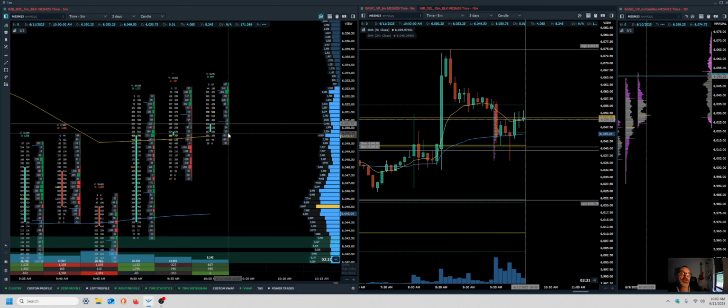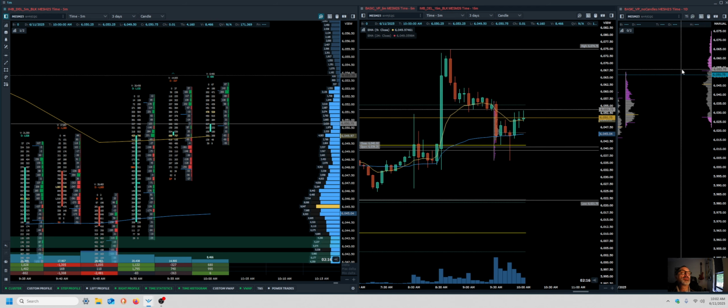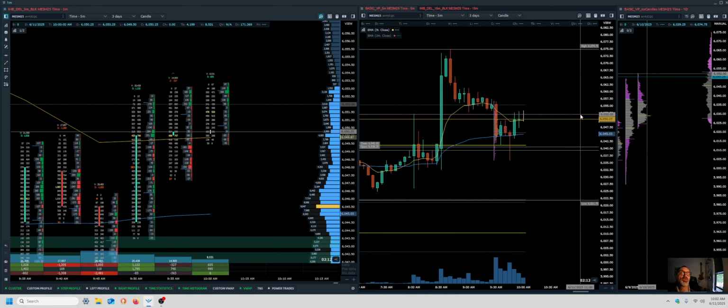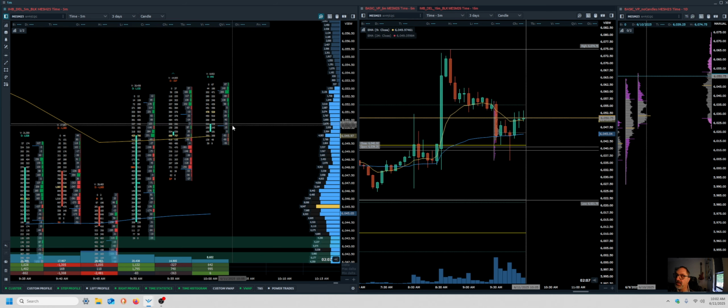Yeah, I think we're going to actually go up higher. I mean, the profile looks pretty decent. I mean, we made a new high at 74.75. We're 24 points off the high. These are things that you got to continue to look at.